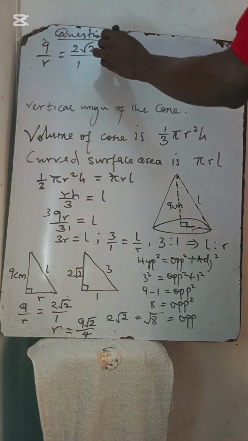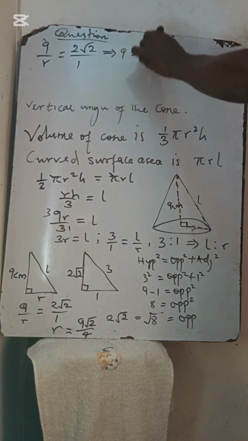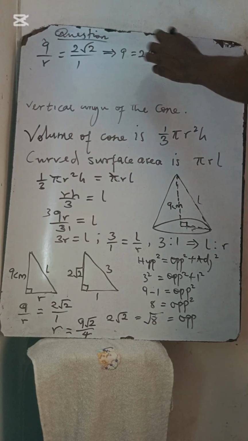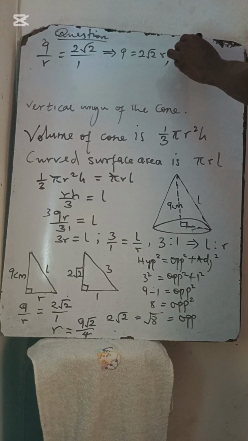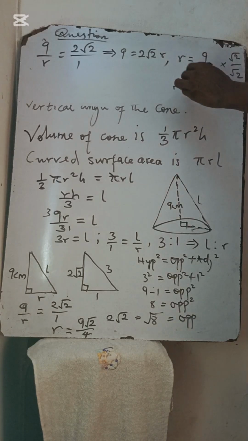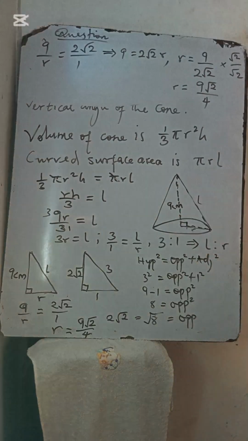When we cross multiply, we have 9 is equal to 2 root 2 r. Dividing both sides by 2 root 2, r is equal to 9 over 2 root 2. And when we rationalize this, we multiply by the square root of 2 over the square root of 2. So r is now 9 root 2 over 4, as we have it down there.